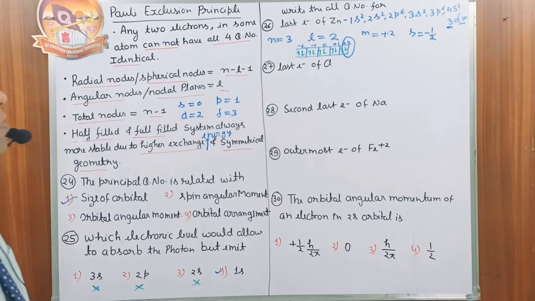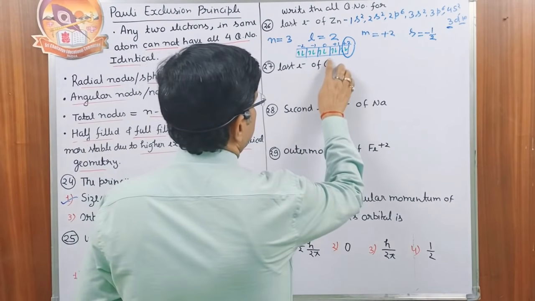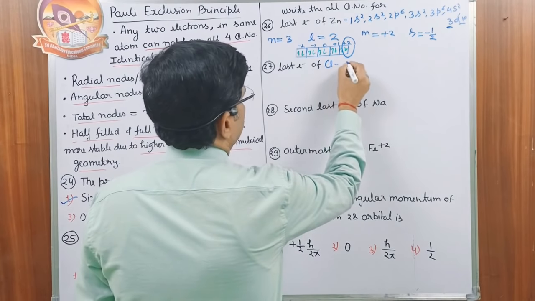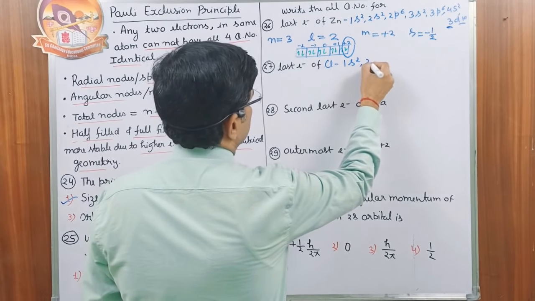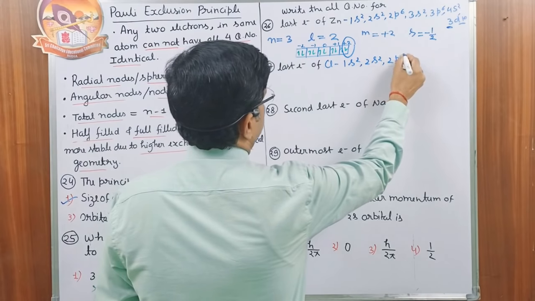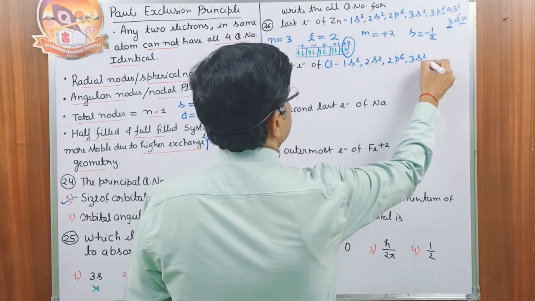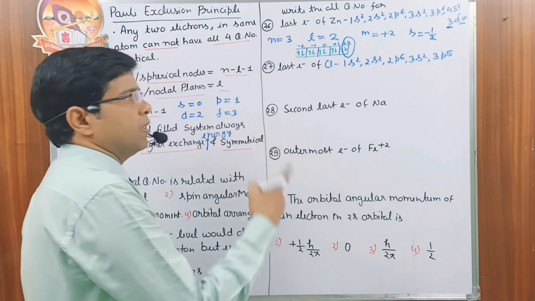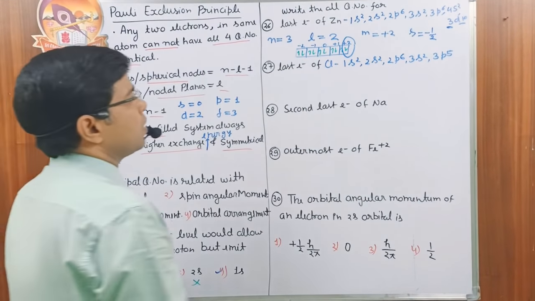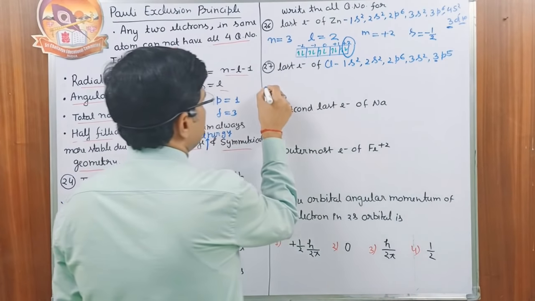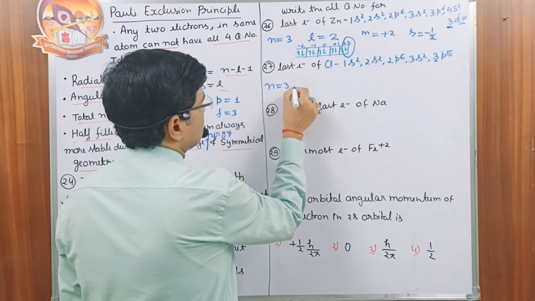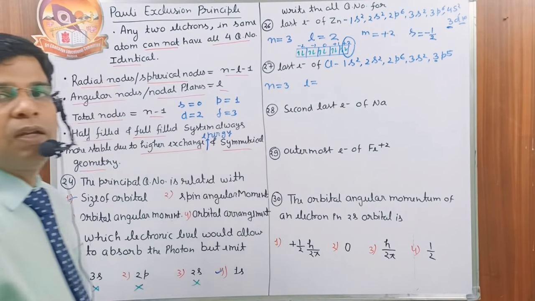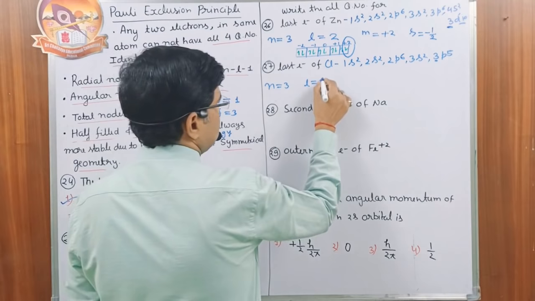Then we have the last electron of chlorine. Chlorine electronic configuration: 1s2, 2s2, 2p6, 3s2, 3p5. The last electron is present in 3p5, in the third shell, so the value of n is 3. For the p subshell, the value of l is 1.